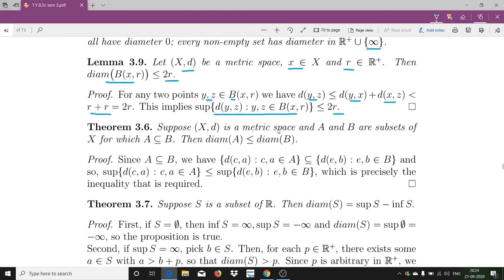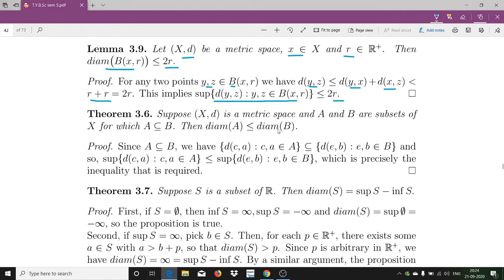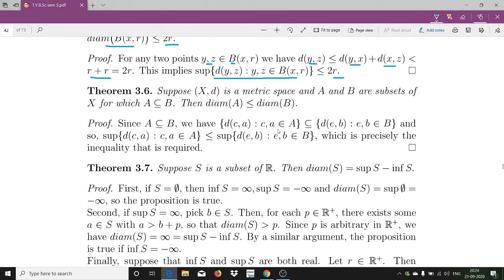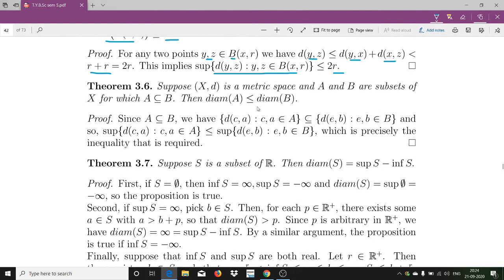The next theorem: suppose you have a metric space (X, d) and A and B are subsets of X with the condition A is a subset of B. Then diameter of A is less than or equal to diameter of B. Now again, you have to just follow the definition and the inequality will be proved automatically.